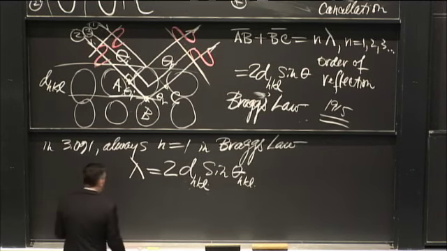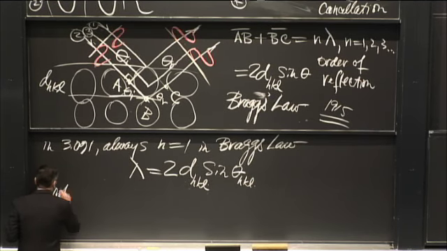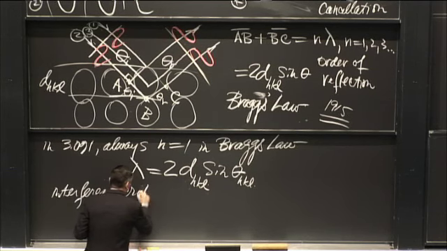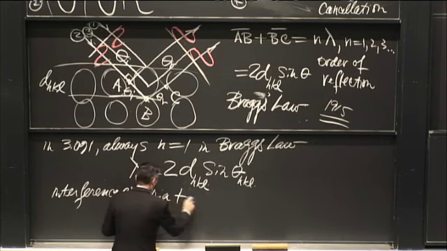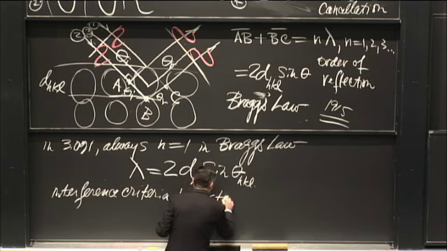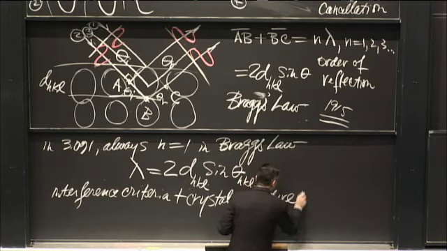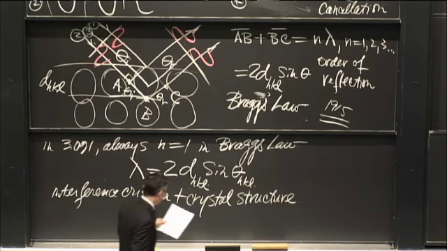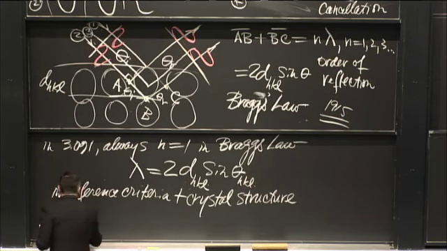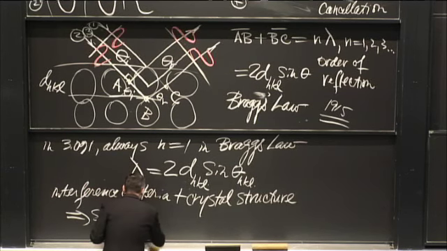So let's generalize this and say if we take interference criteria plus the crystal structure, that is to say the relationship of atom positions for a particular specimen, the combination of that will give rise to the set of expected reflections.